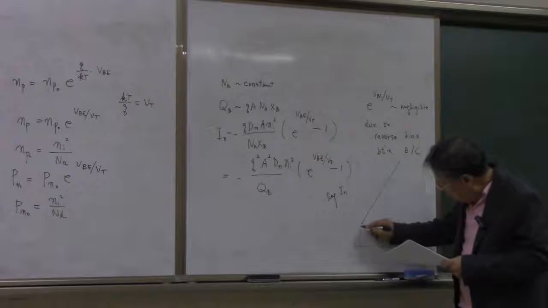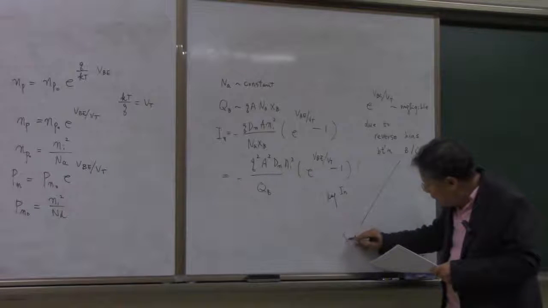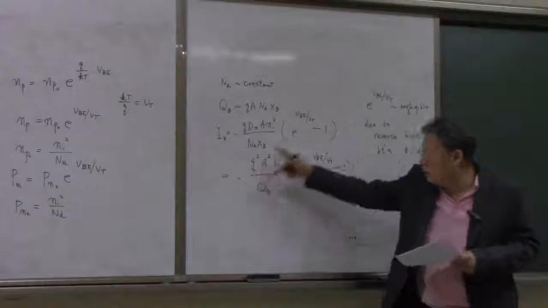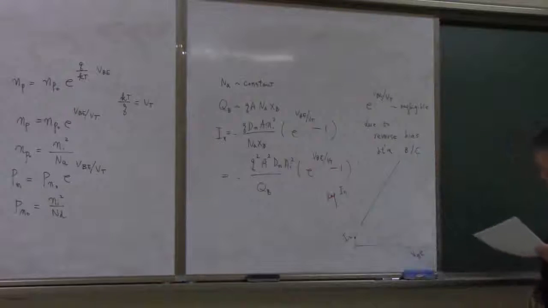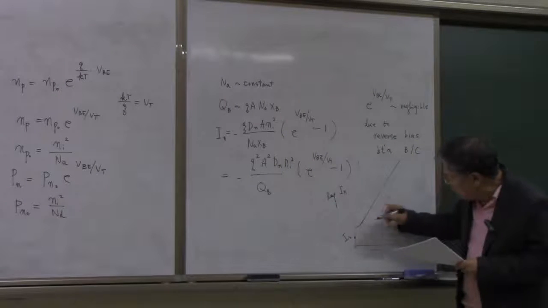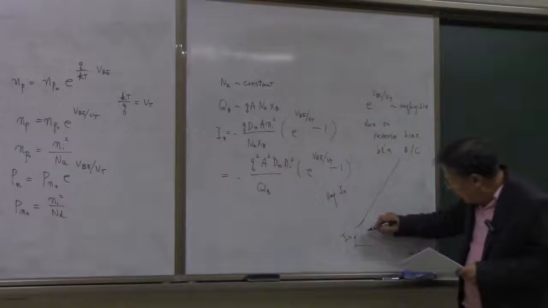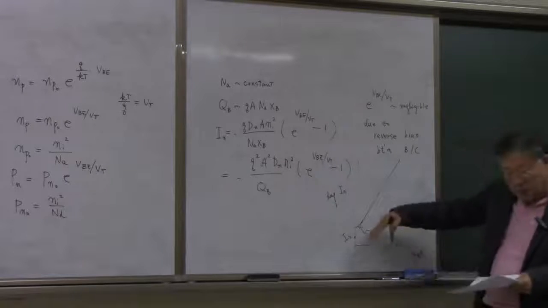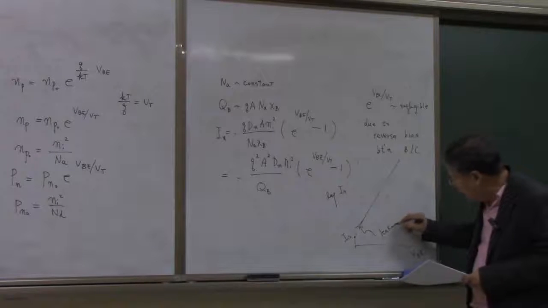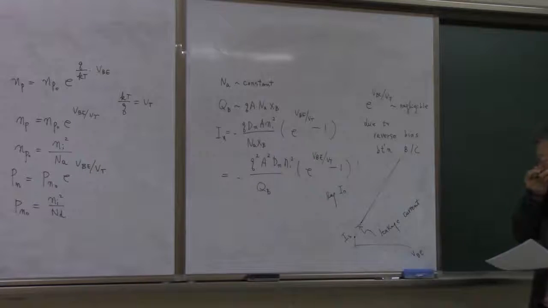And the intercept with the y-axis is going to be the saturation current, IS, which is this value, right? And in reality, it is deviated from this straight line at the end of this, and this enhancement of the current is just a leakage current of the bipolar transistor, right?